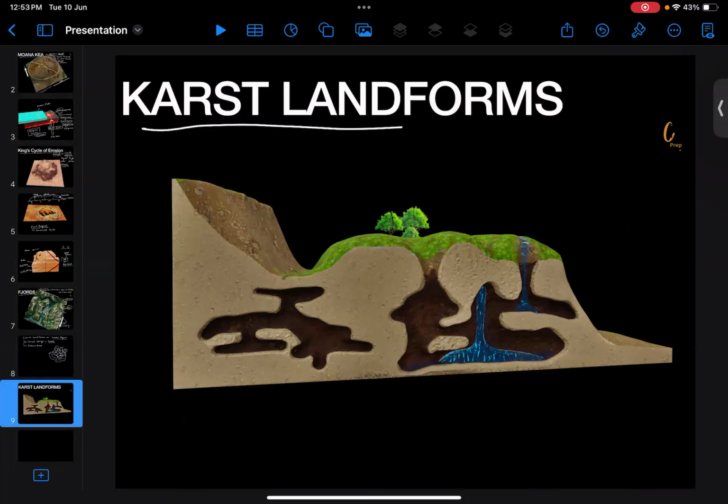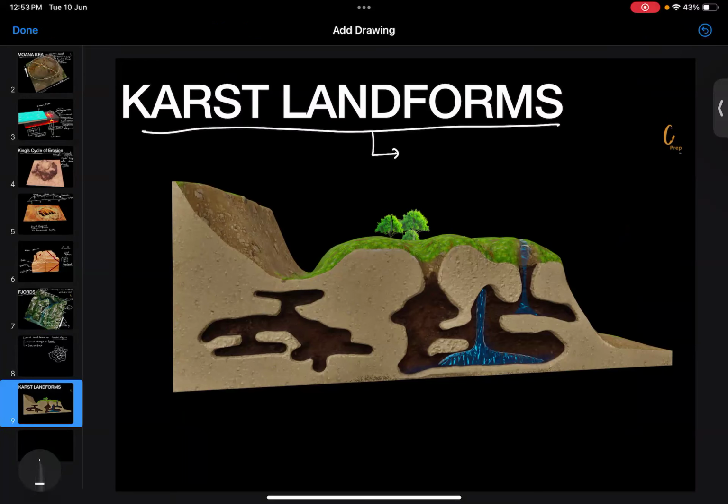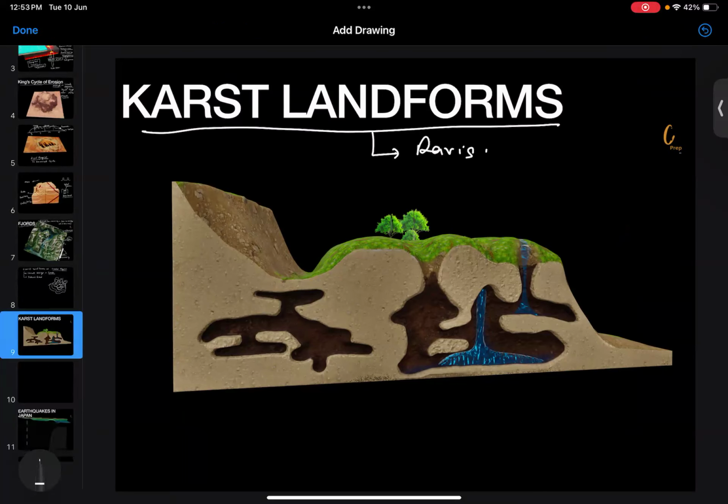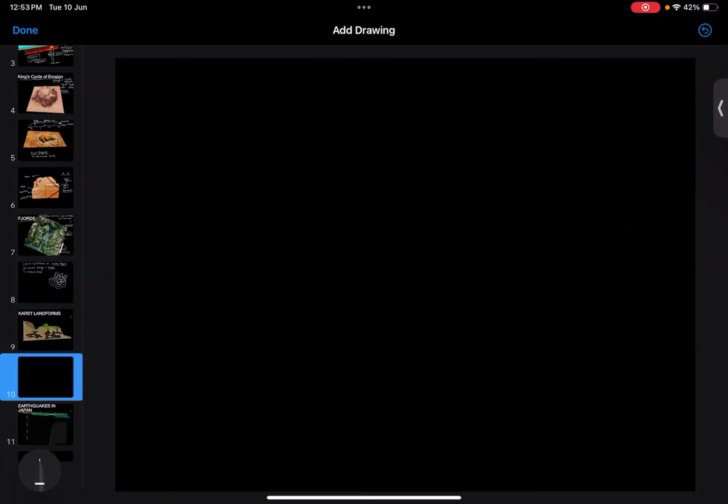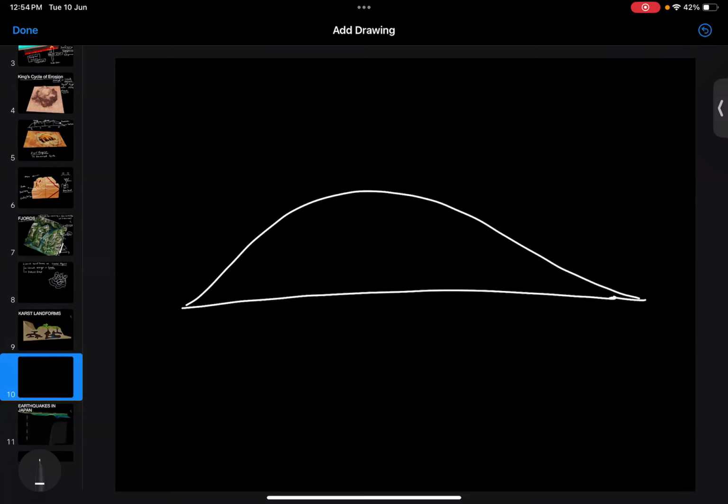So karst landform, we will be seeing, has been very aptly defined by Davis. Under the Davis part, the landform present here is also undergoing 4 stages. First is the initial stage, then youth stage, mature stage, and old stage.